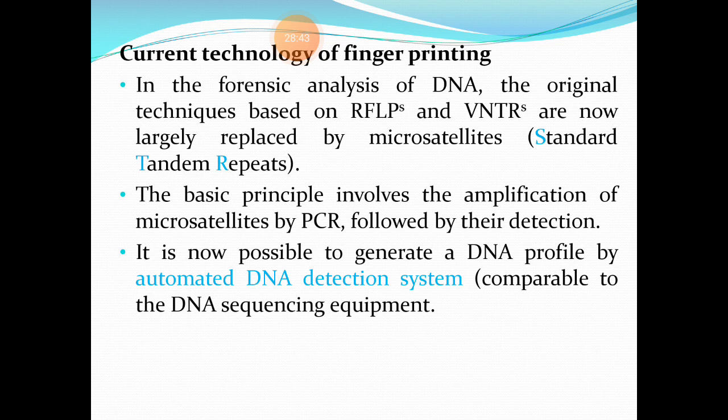The way DNA sequencing equipment is available in laboratories, DNA detection systems are available. You can simply give the sample and get the DNA profile of the individual within no time. Right now, this is the scenario in the field of DNA fingerprinting.